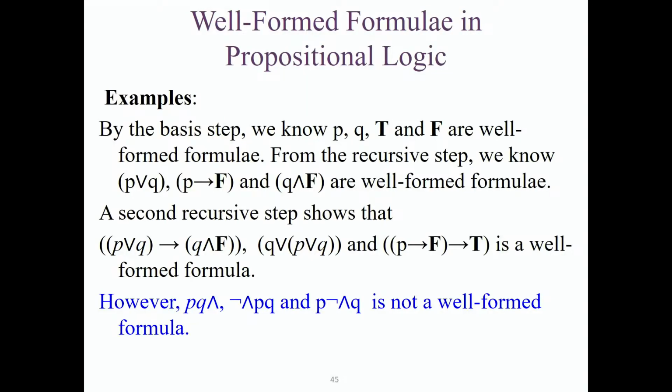And then "if P then F" is true. Okay, so we know this is also a well-formed formula, because we can derive "if P then F" by the first step of the recursive step, and this is true by the basis step. Okay, so once we replace these two terms with E and F, then we will know this is a correct well-formed formula.